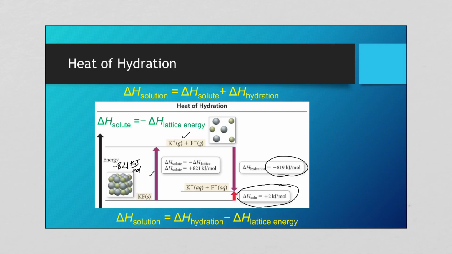And so this is one of those examples where entropy is going to come into play. From practical experience, we know that potassium fluoride dissolves. And it dissolves because of that entropy change, because that drive towards spontaneous mixing is enough to overcome the relatively small endothermic nature of this particular solution.